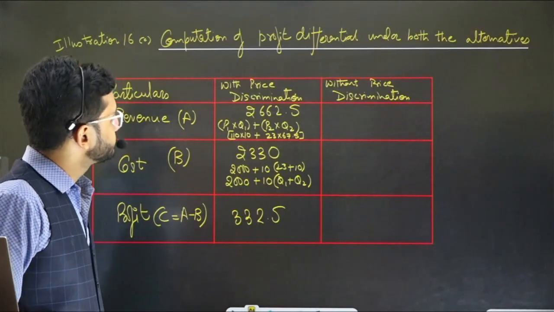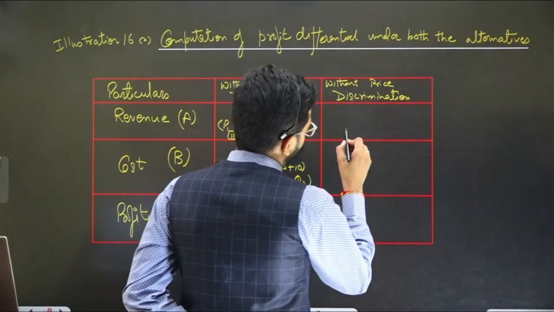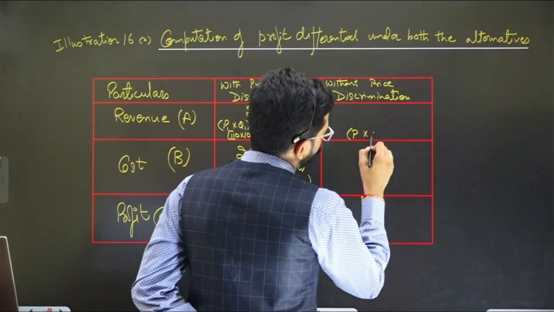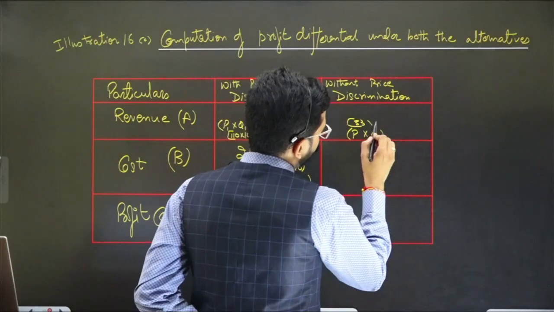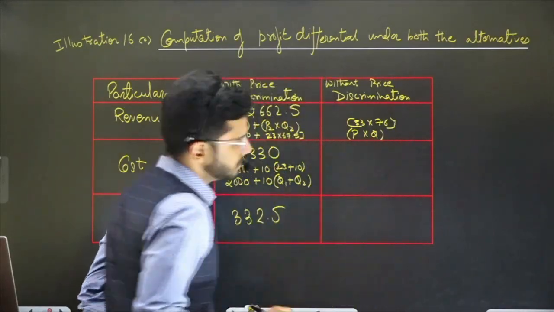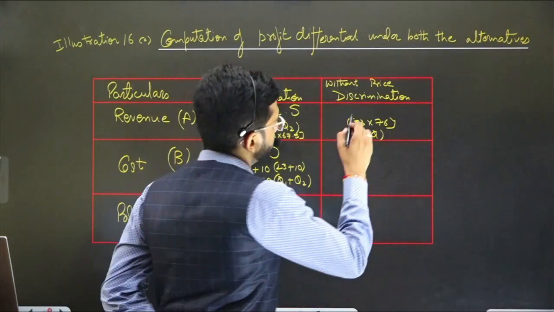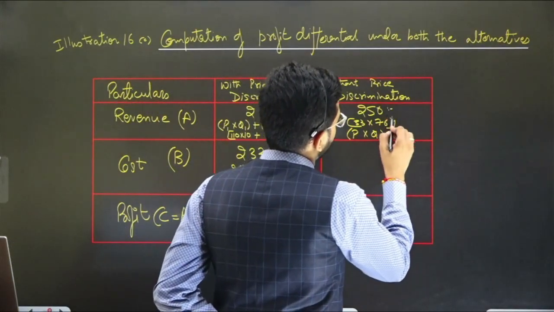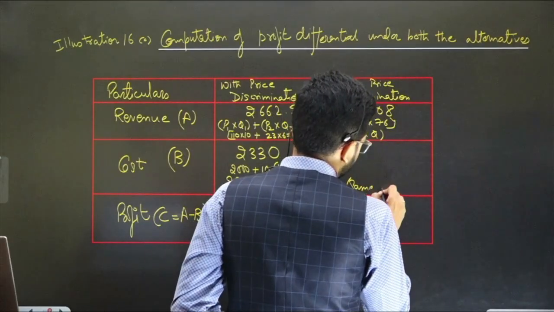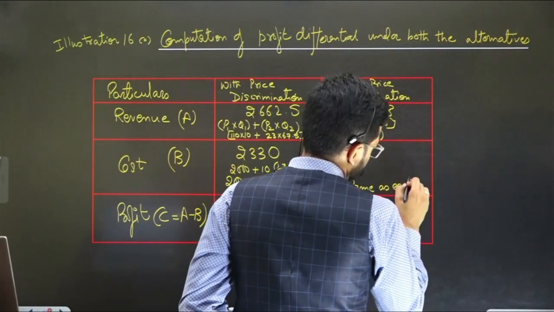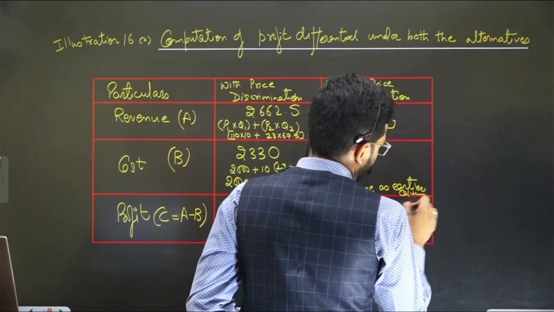332.5. Okay, then without price discrimination, what will be the revenue? It will simply be P multiplied by Q, which in our case is 33 units multiplied by 76. Okay, 76 is the price, 33 is the units. 33 multiplied by 76. The total revenue is 2508. And what will be the cost? Cost will be the same as the earlier column.